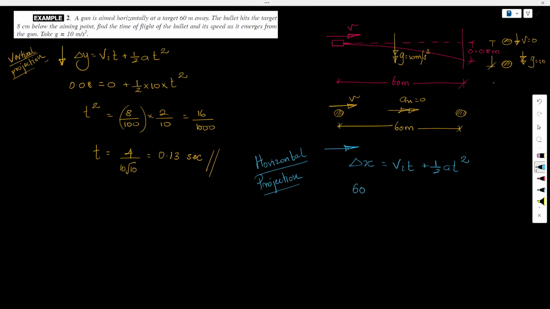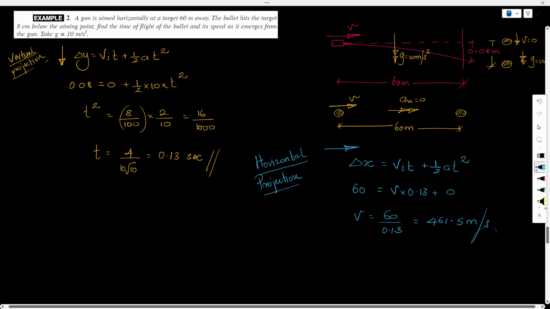So displacement during that period is 60, initial velocity is v, time is 0.13, and there is no acceleration in the horizontal direction, so I can find velocity as displacement divided by the time, which is 60 divided by 0.13, which is 461.5. So that is the horizontal velocity or the initial velocity, the time it was shot. All right. If you have any doubts, ask, otherwise take it down and let me know.